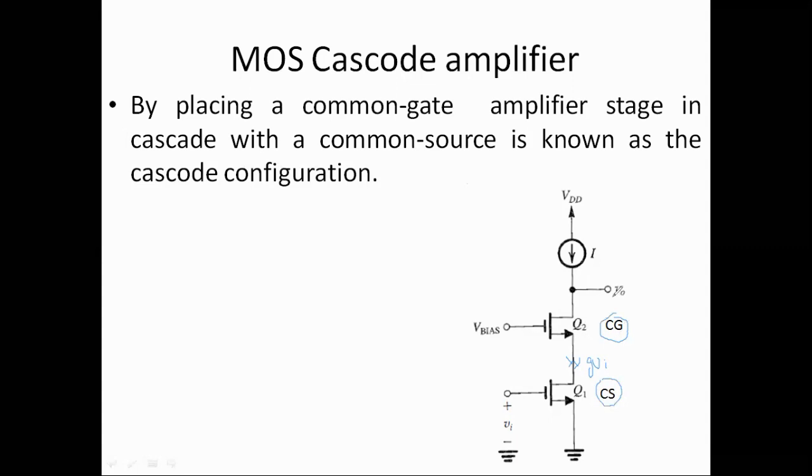Hence Q2 is a common gate amplifier. The common gate amplifier stage in cascade with the common source amplifier is called the cascode configuration.